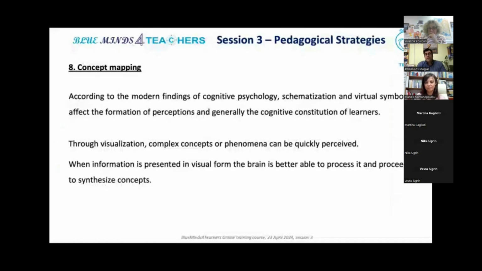According to the modern findings of cognitive psychology, things that have to do with schematization and visual symbols affect the formation of perceptions and, in general, the cognitive constitution of learners.